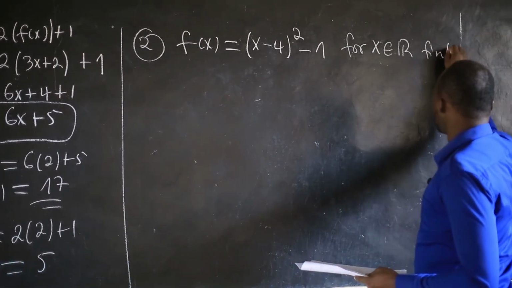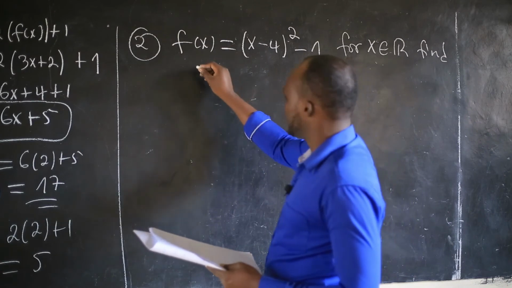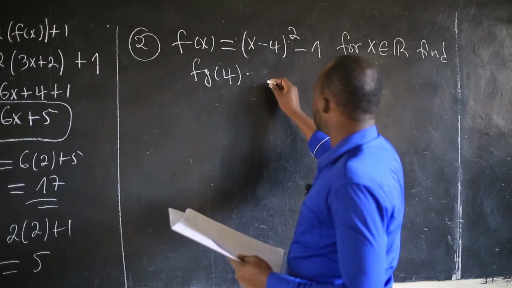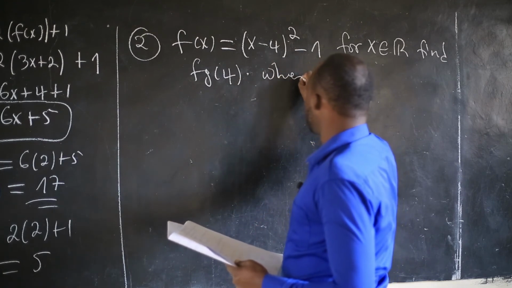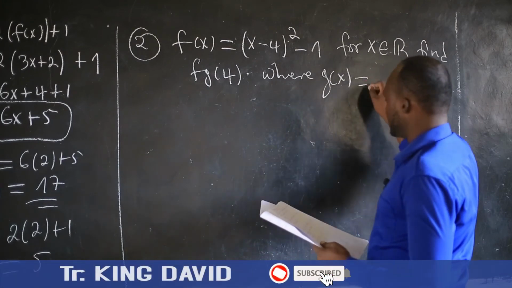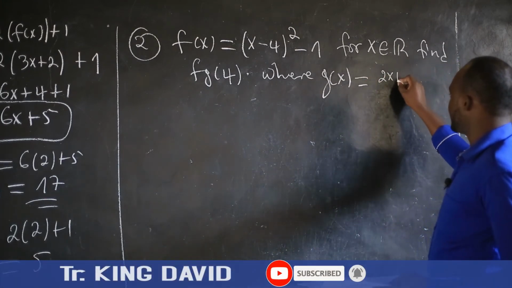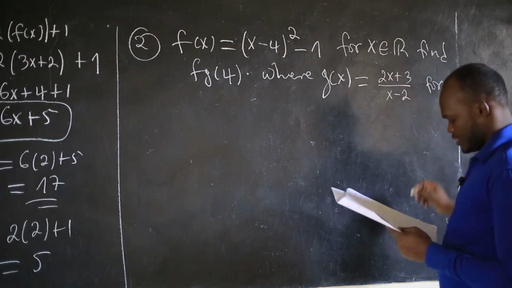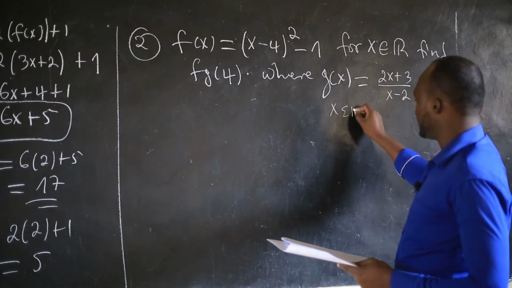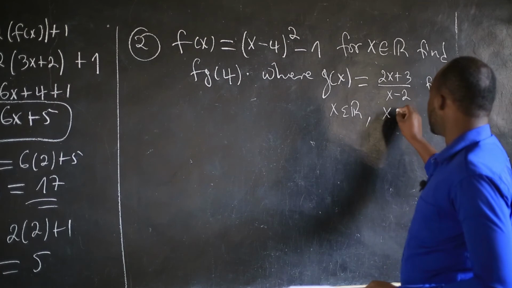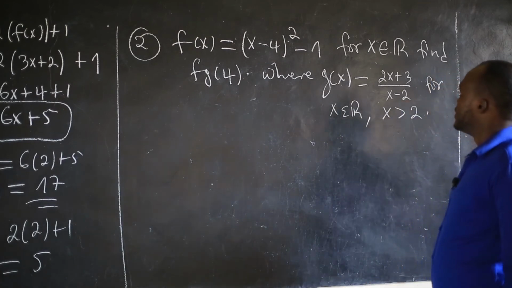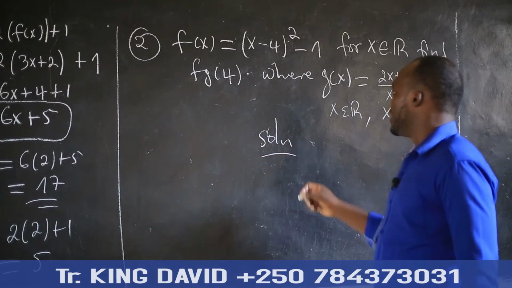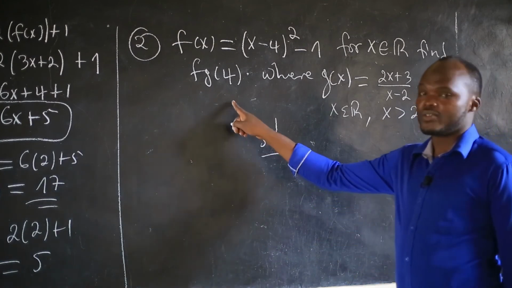Find fg of 4, where g of x equal to 2x plus 3 divided by x minus 2, for x a member of real numbers such that x is greater than 2. Okay, we have f of x and we have g of x. The question is to find fg of 4.